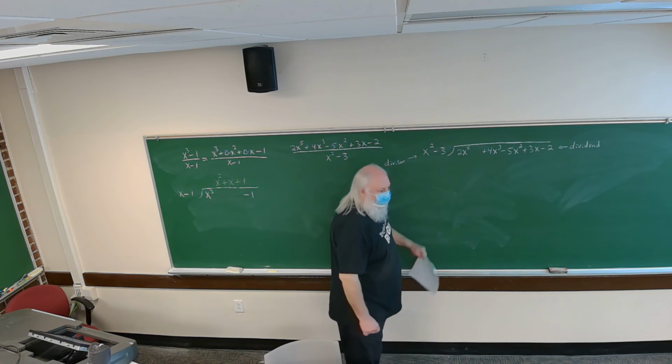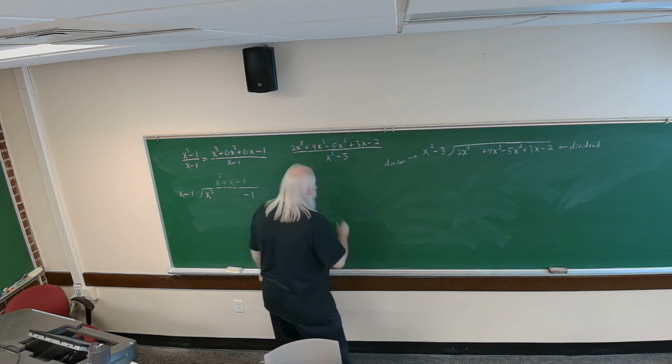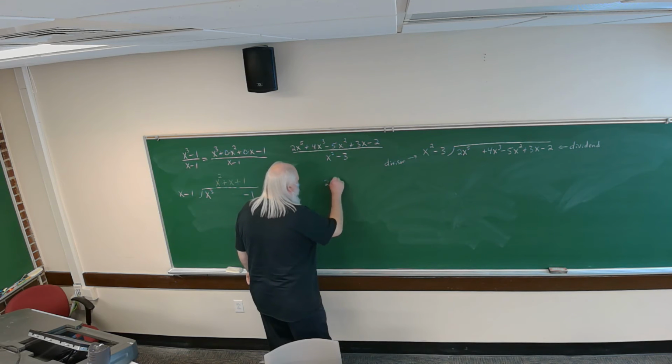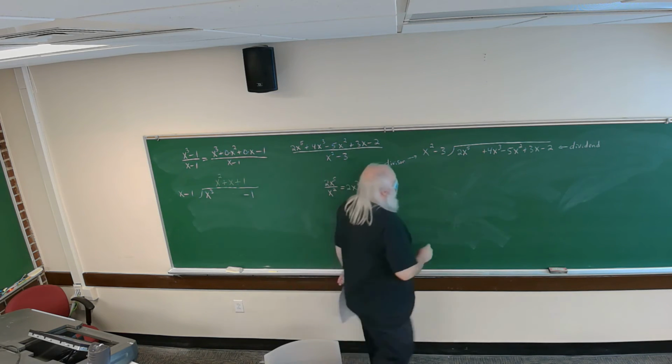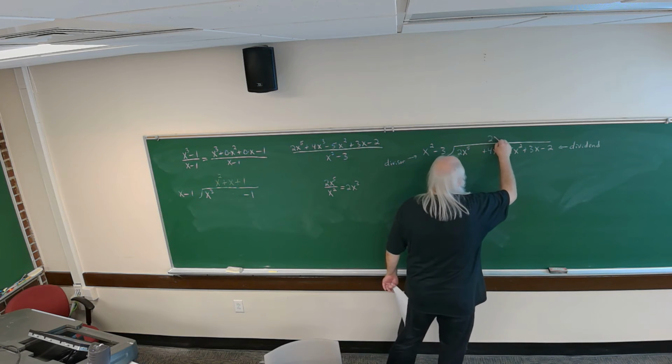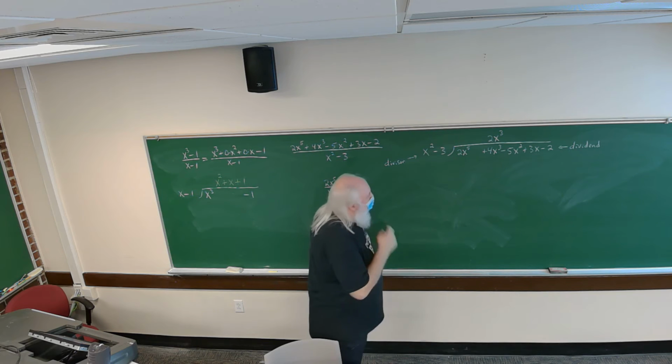So do long division. First step: how many times does x squared go into 2x to the 5th? Well, 2x to the 5th over x squared is equal to 2x cubed. We put 2x cubed up there.